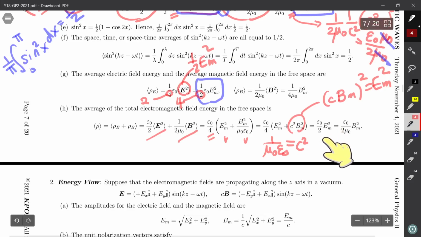And finally, epsilon 0 c squared equals epsilon 0 over mu 0 epsilon 0. So epsilon 0 cancels, so this one does not appear. Okay.